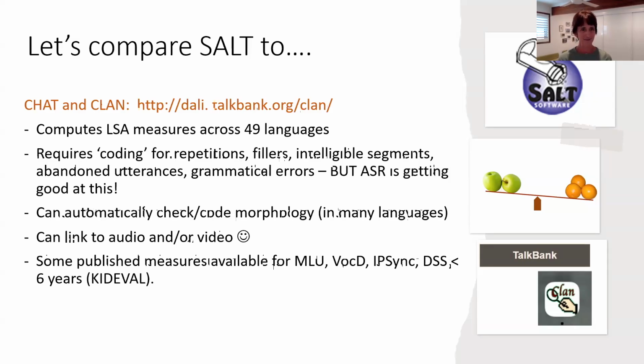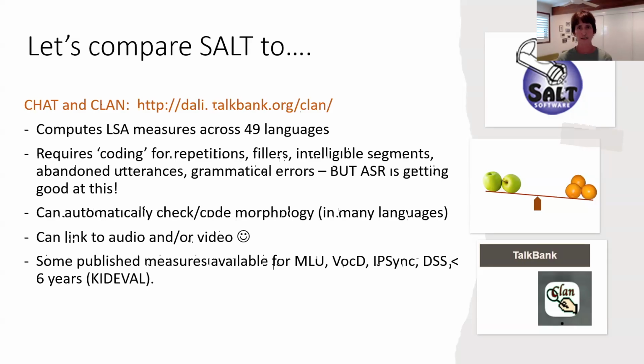I'm getting there. As I said before, you can link your audio or video to the transcripts, which is amazing. And then there are some published measures available. Mean length of utterance, VOC-D, which is a lexical diversity measure that is much more sensitive to age and development than, for example, the rough number of different words, IPSyn, and developmental sentence scoring.